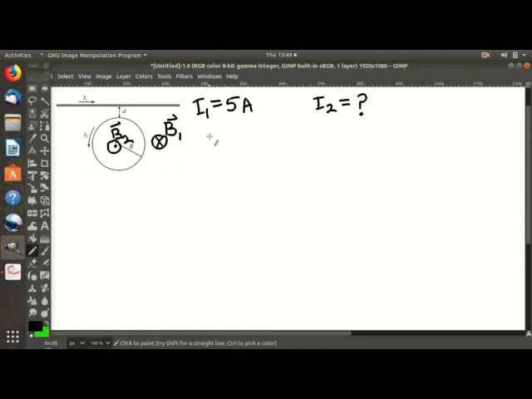Alright, so let's mathematically write how we're going to find the net field. So we have the net field, it equals the sum, the vector sum, of the other two fields. And so we're just looking at the magnitudes, but let's look at field 1. We see that it points into the page, so let's say that that has a negative direction, right? And then we're going to use this equation to describe its magnitude.